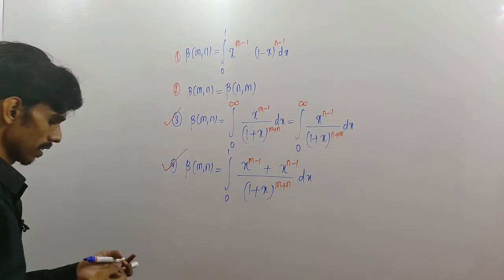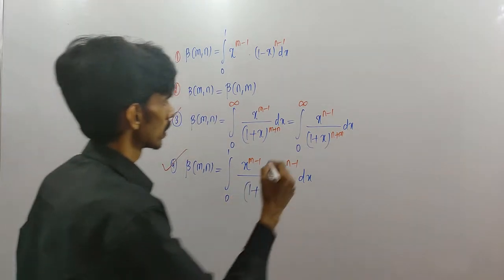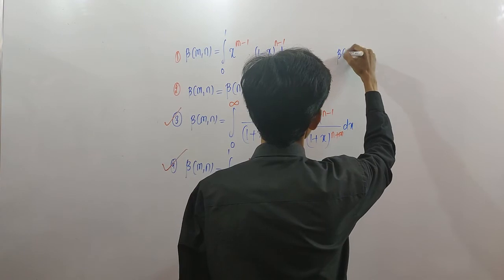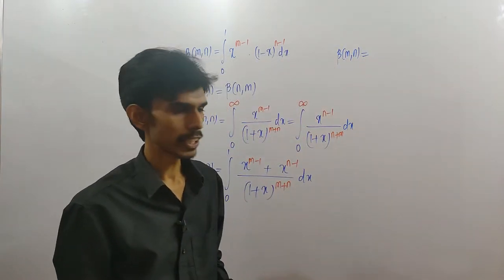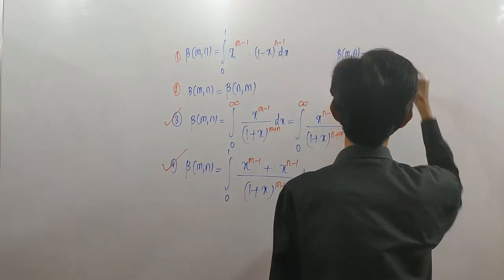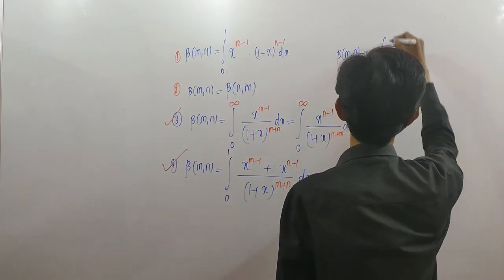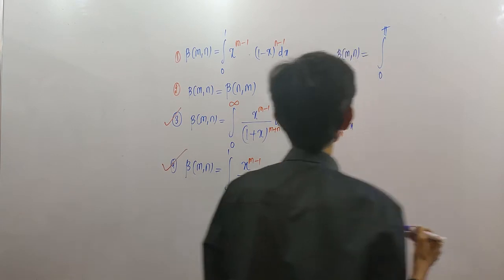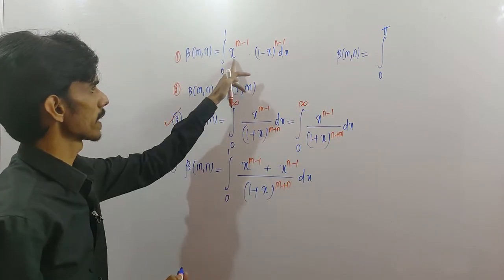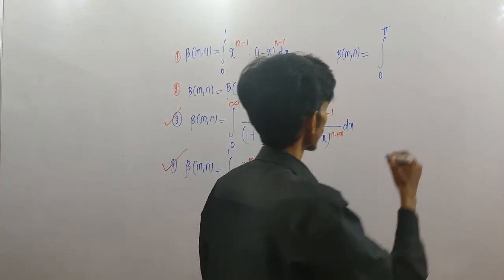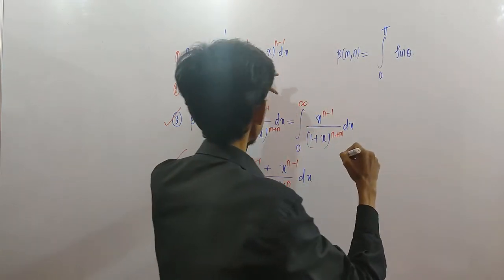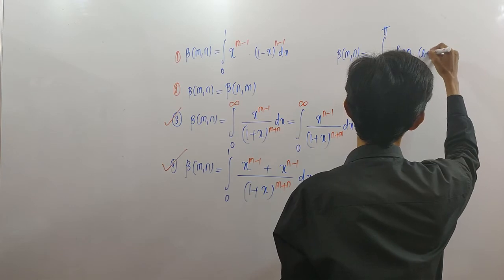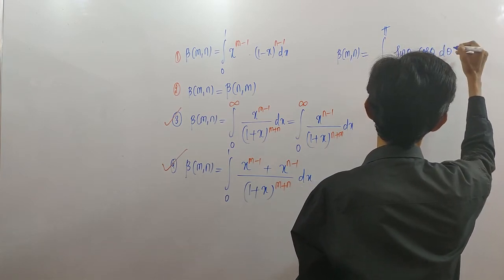One more value of beta m comma n in terms of trigonometric ratios we will see, that is 0 to pi by 2. Here we have x. In place of x we will take sine theta. In place of 1 minus x we have cos theta d theta.